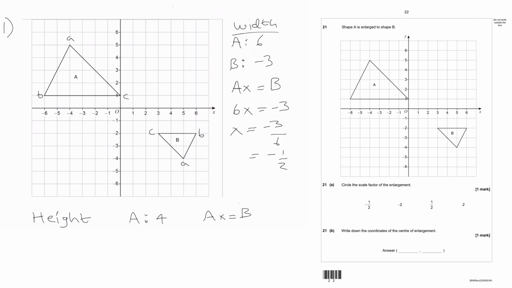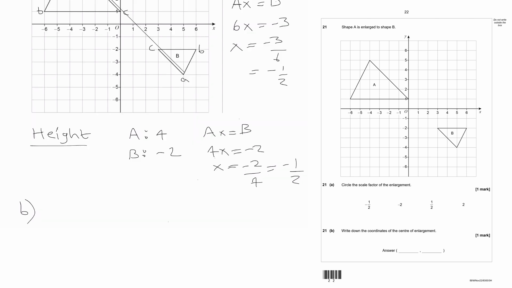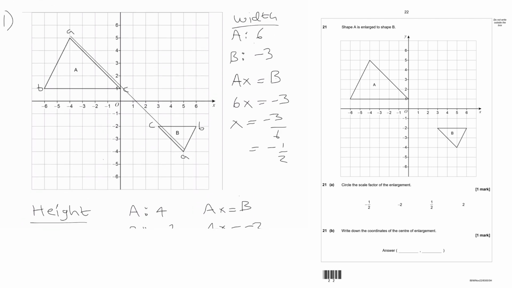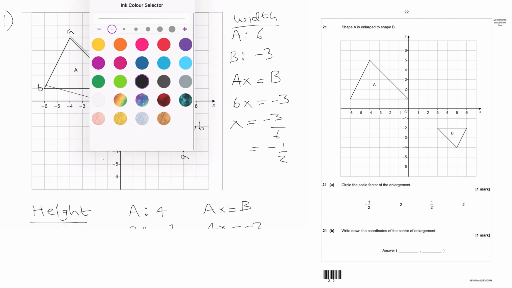So we want to draw a straight line from A to A, B to B, C to C. So apologies in advance because I know this isn't going to look particularly straight. So now we're going to go from B to B. This is very difficult to draw them exactly at the vertices, but it's good enough.